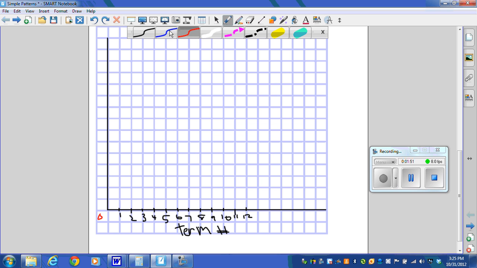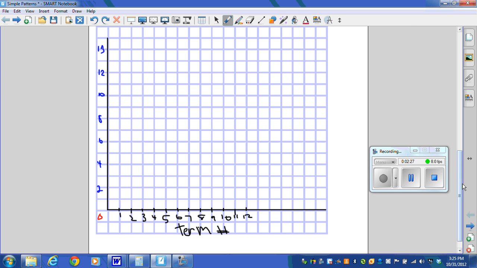I'm going to give my values of 2, 4, 6, 8, 10, 11, 13. So my graph is prepared.